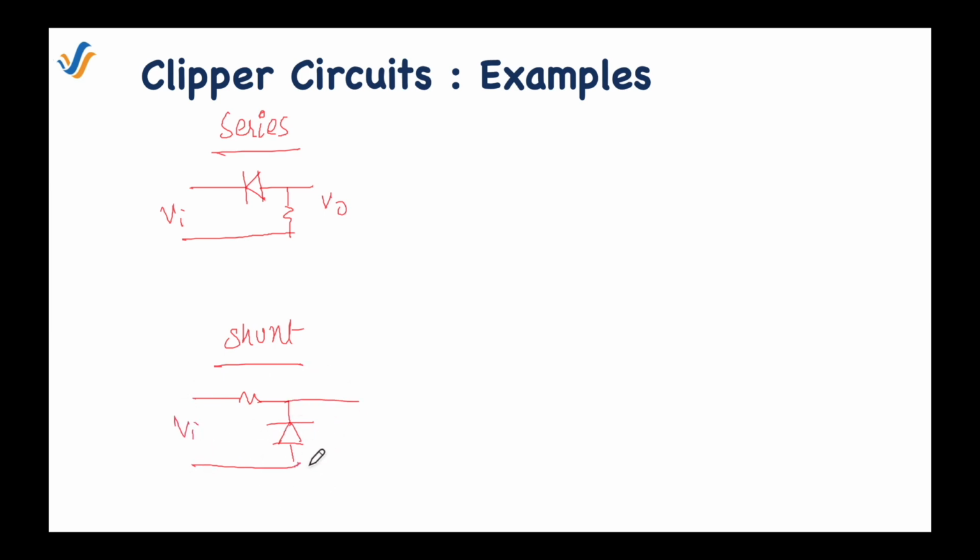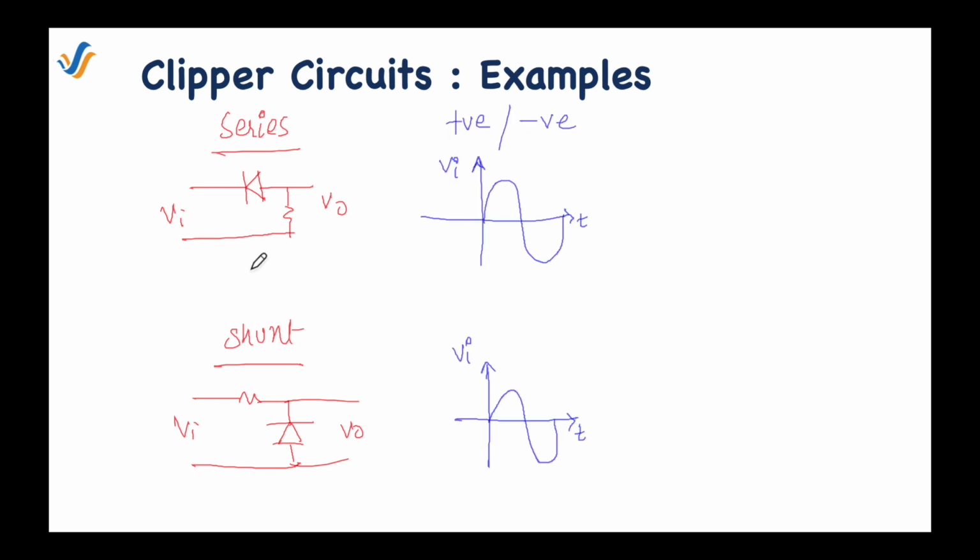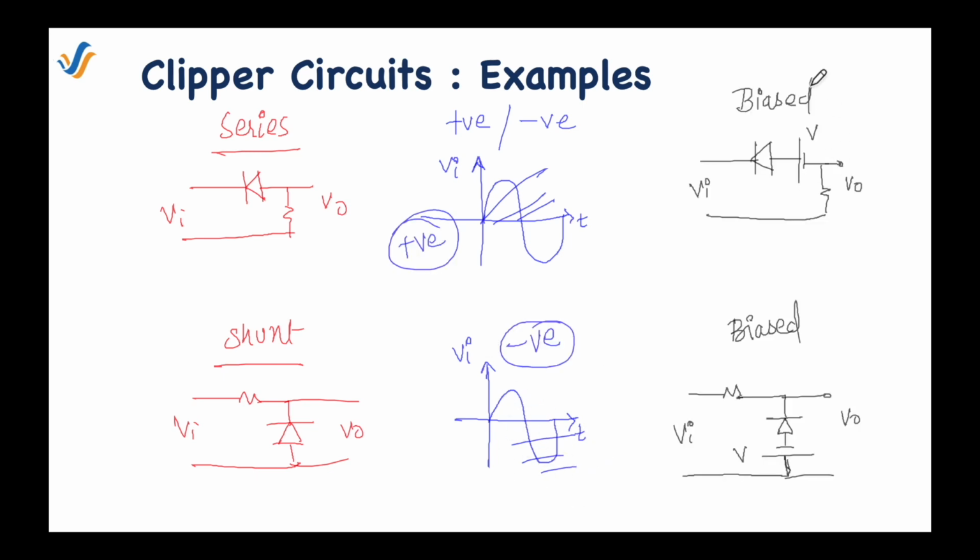Here, this diode is in shunt with the input signal. The next one is whether it is a positive or a negative clipper. So positive and negative clipper refers to the part of the input waveform that it is clipping off. For example, in this circuit, it will clip off the positive part. So it is the positive clipper. And in this example, it is clipping off the negative part, and that's why it is a negative clipper. And the third step of the classification is whether the clipper is biased or unbiased.